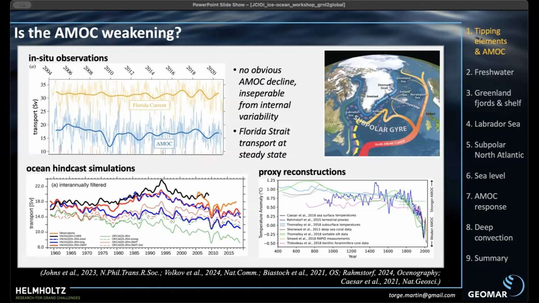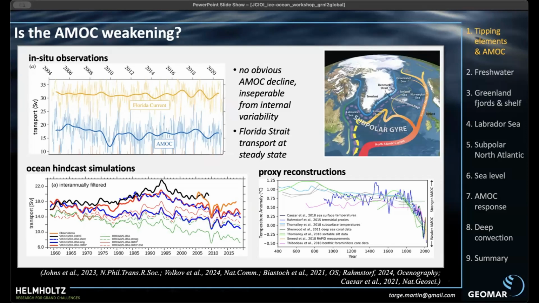If we zoom out in terms of time scale, we typically do that with so-called hindcast ocean simulations that are driven by atmospheric reanalysis products, where we can go back to the late 1950s to start these simulations. And what these show, if you just focus on the lines on top, is that we had in the 1990s a peak in deep water formation in the subpolar North Atlantic, driving a peak in the AMOC.